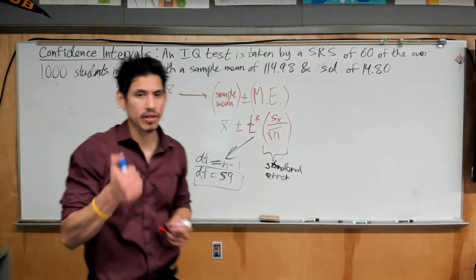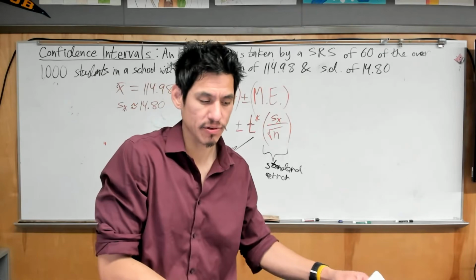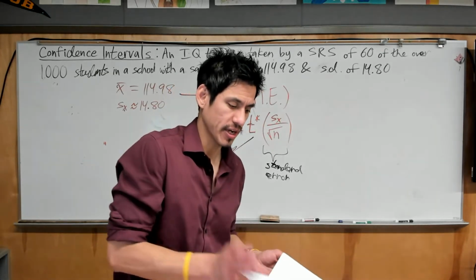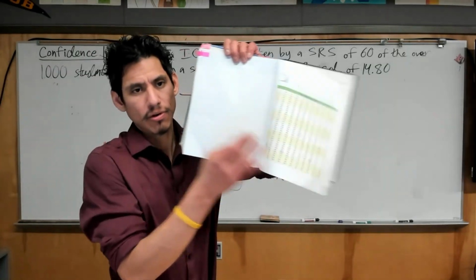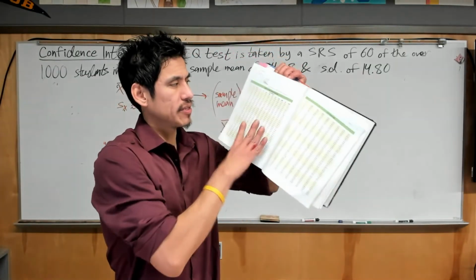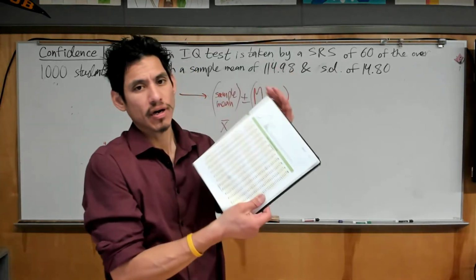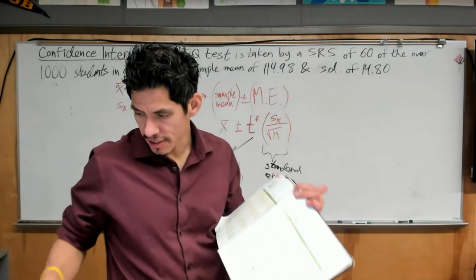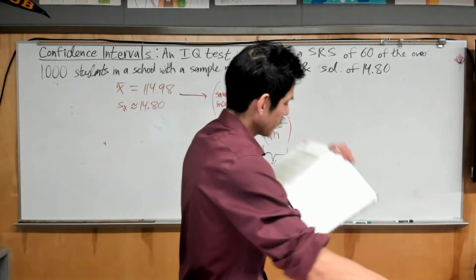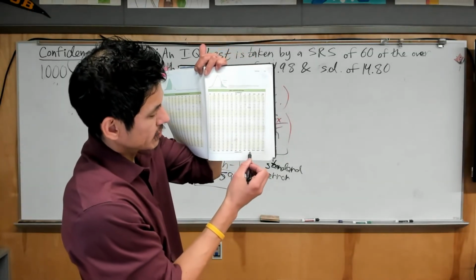You can look at my other videos to get a clear breakdown of how we find that in our table. For now, I'm just going to show you through the camera really quickly, because it's just review. Remember this table in the back of our book? We look at the t-table. The t-table on the left side has the degrees of freedom, and we can look at the confidence level down here, 99%.